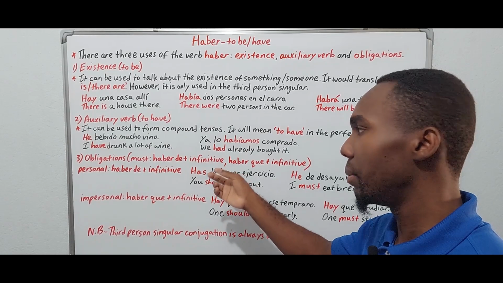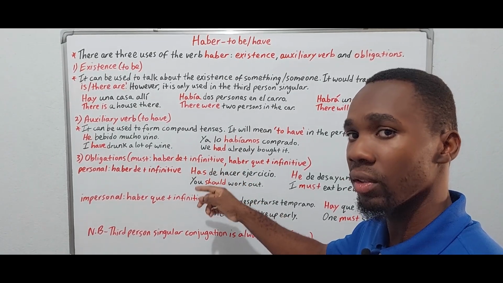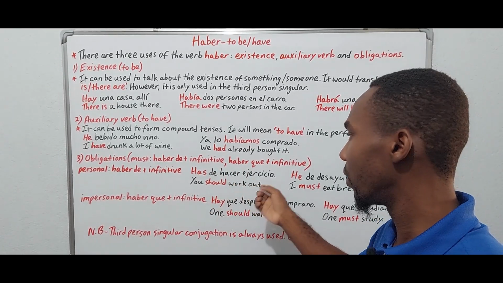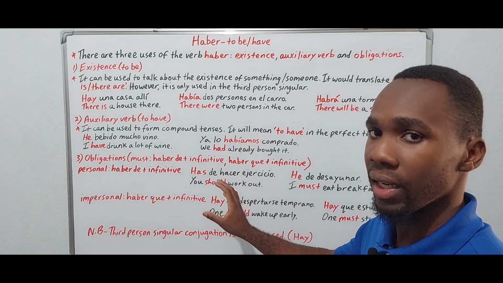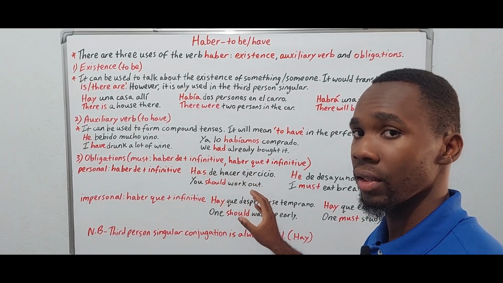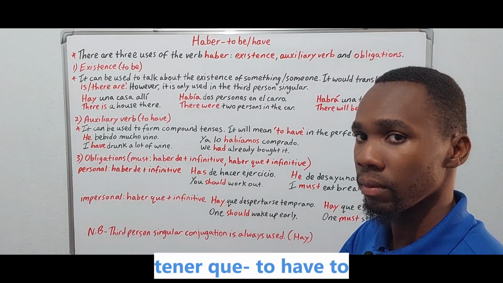You will see that haber is conjugated according to the second person singular, which is tú, right? Has de hacer ejercicio. So in this context, haber de will be the same as tener que, right?